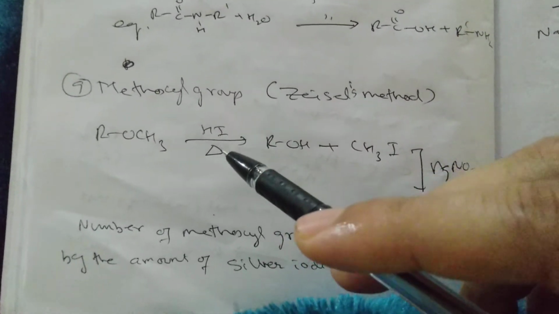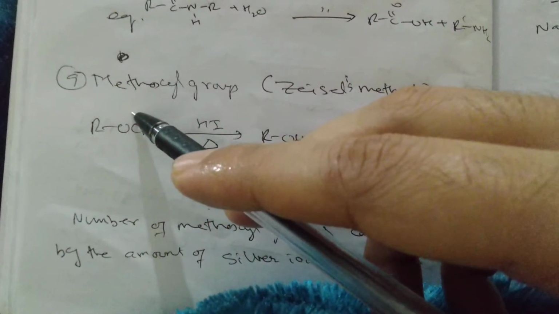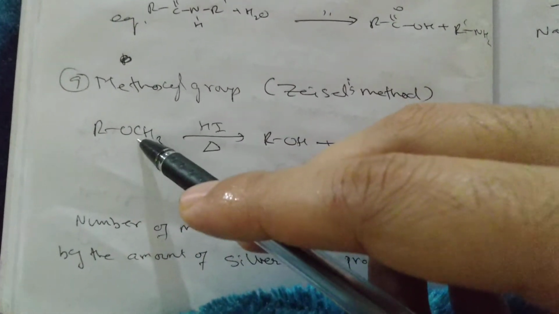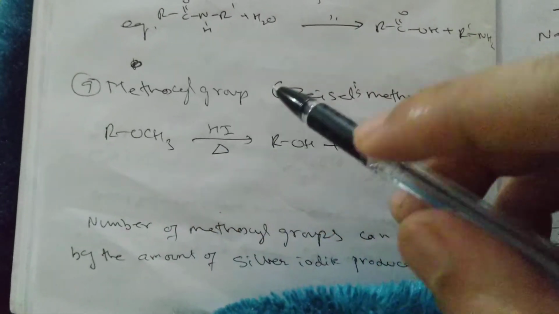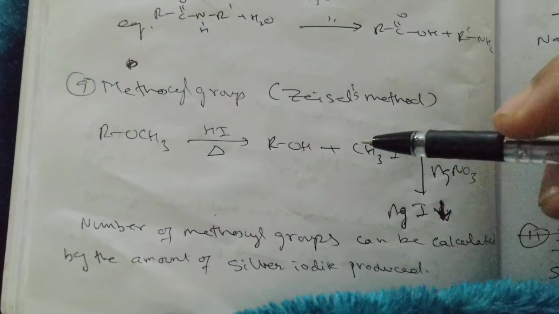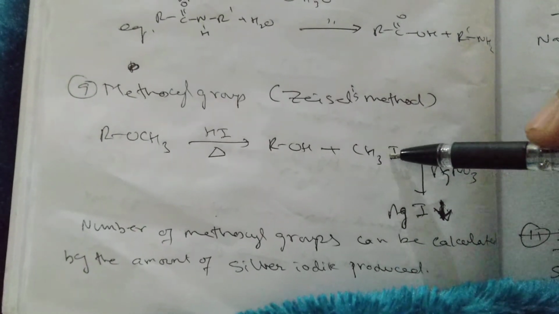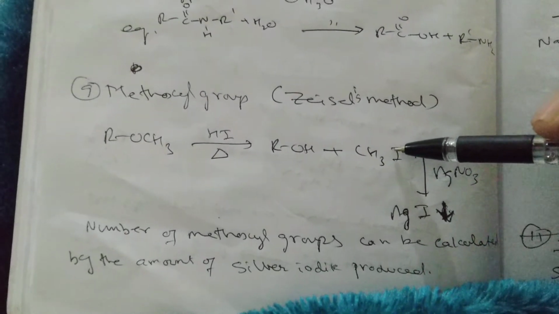So you react with it, and what happens is it takes away the proton, and the I minus attacks this, and this goes away. So you get ROH and CH3I, and this CH3I you react with AgNO3. This is very interesting, because the carbon iodine bond is not strong.